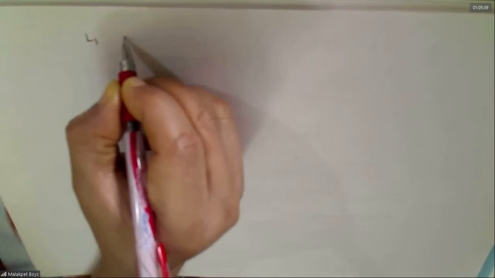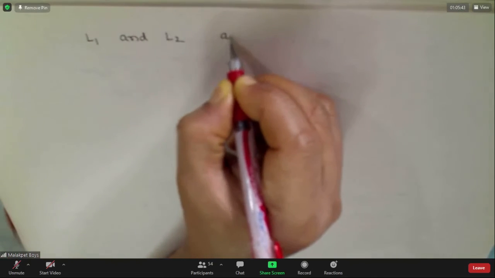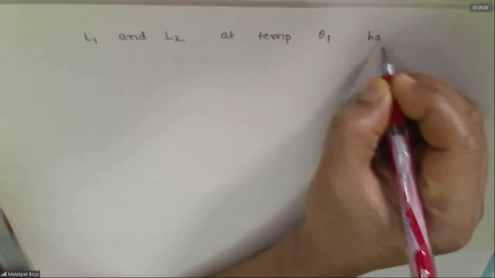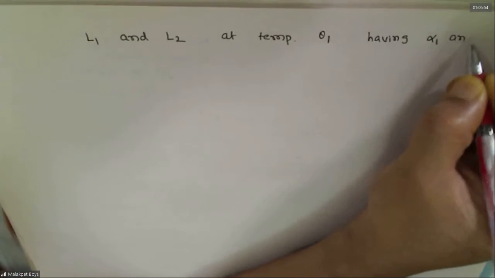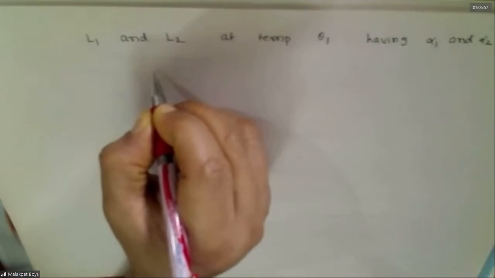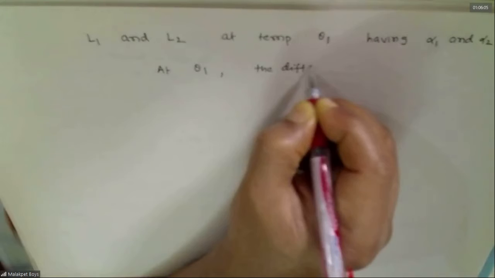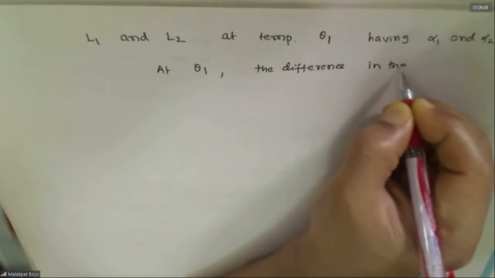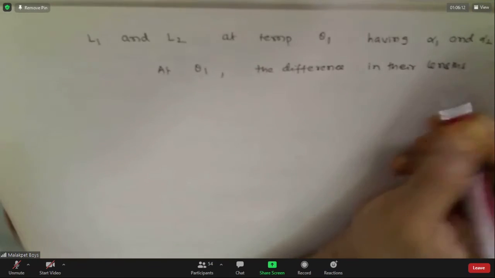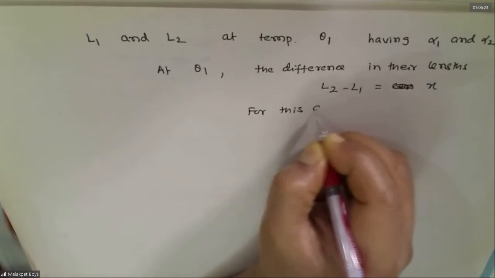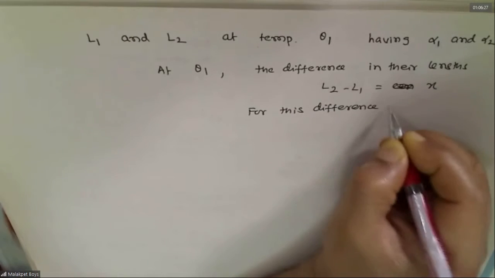See here, we are saying that there are two rods. Suppose at theta 1, the difference in the length is x.